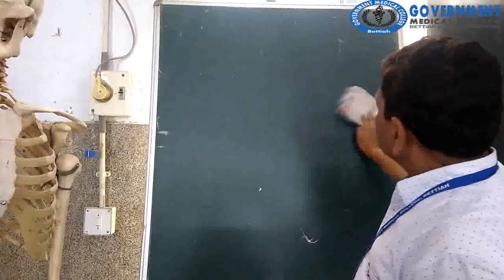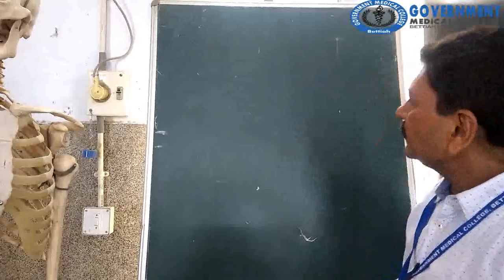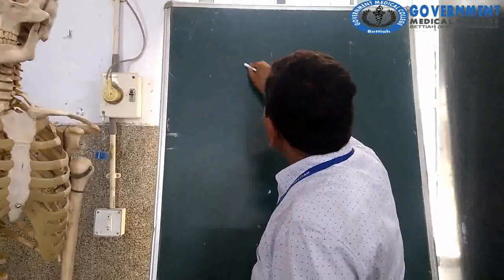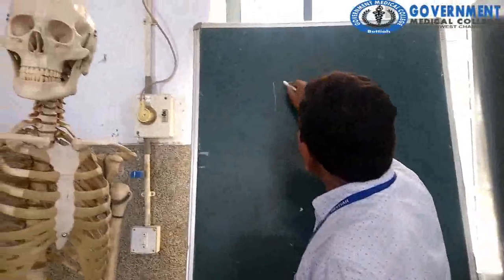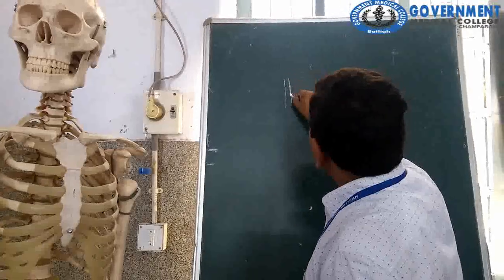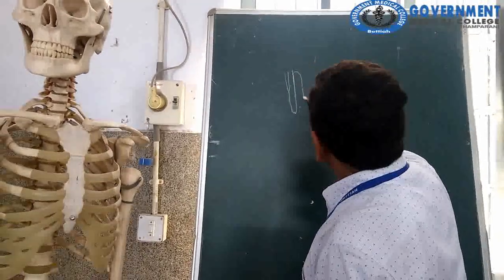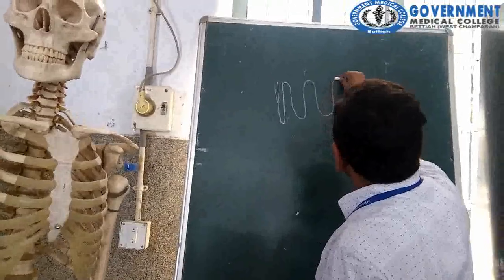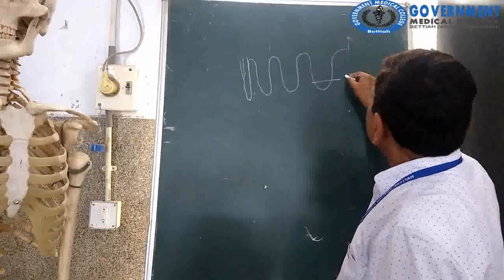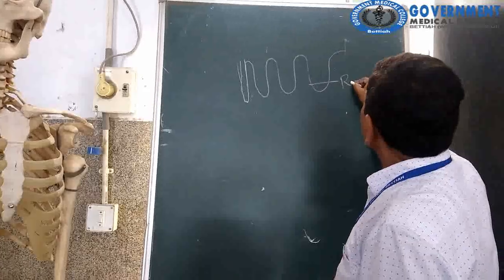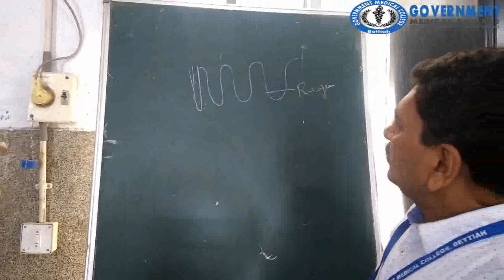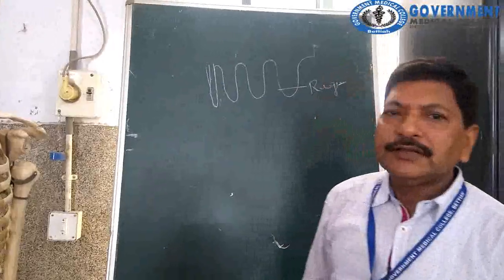Now I am explaining the mucosa of the stomach. In an empty stomach, the mucosa is folded just like this. The folding of mucosa is called rugae. The mucosa, as you know, has 3 parts.